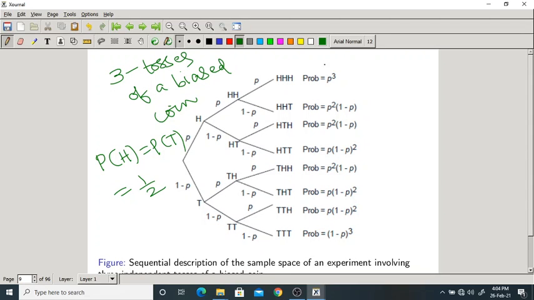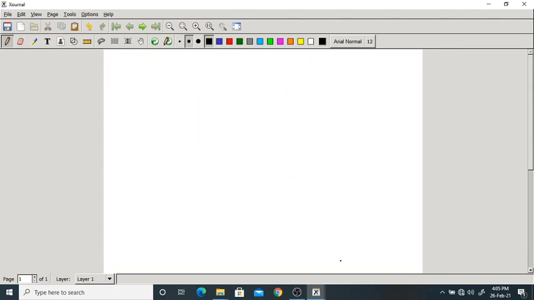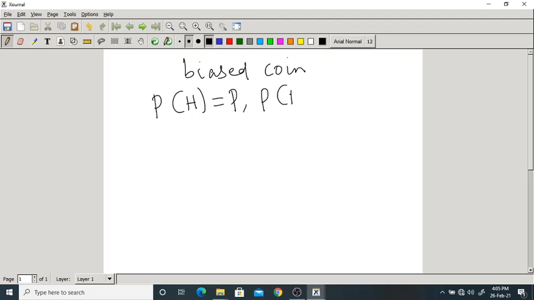So in a biased coin, we say the probability of head is P. Probability of tail is obviously 1 minus P, that is also called Q. Okay, now we are tossing 3 times.